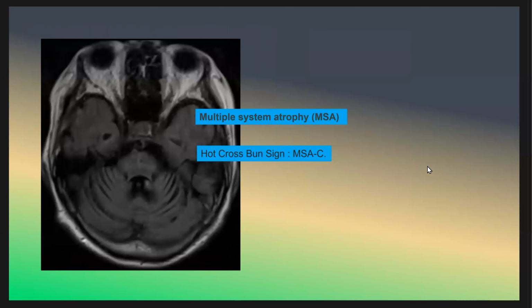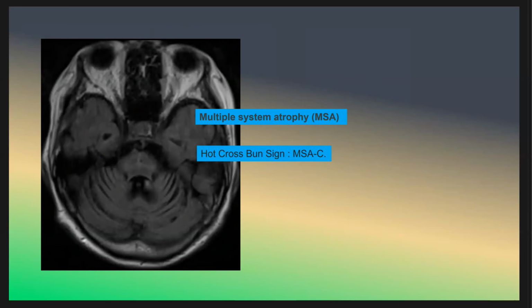What do you think the patient has? This patient has cerebellar atrophy and also the hot cross bun sign, and this patient has multiple system atrophy.